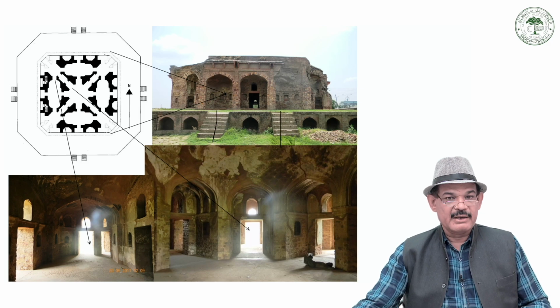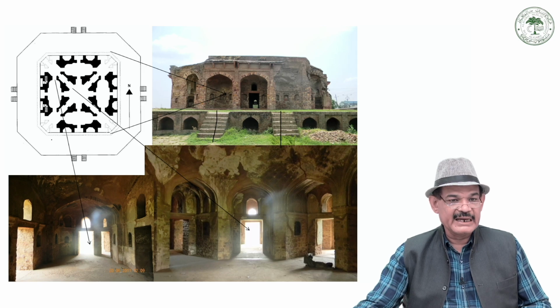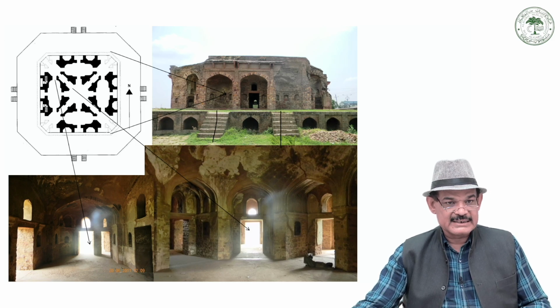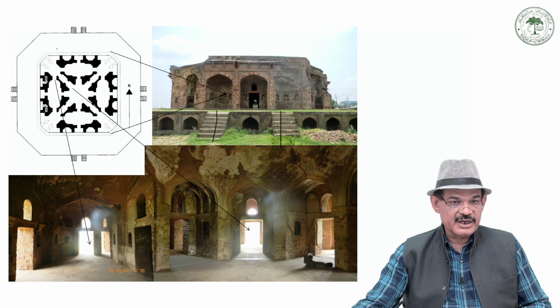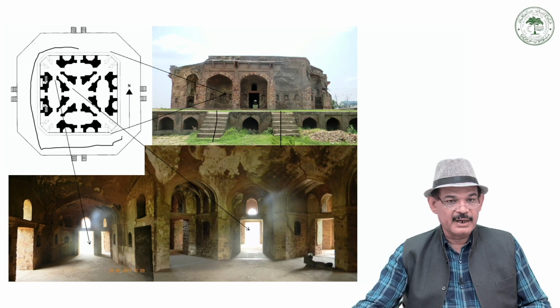All the corners have been broken down, deteriorated and erased, leaving their foundation intact. If we assess this structure on the basis of its foundation and the standing portion, this drawing can be prepared, has been prepared.